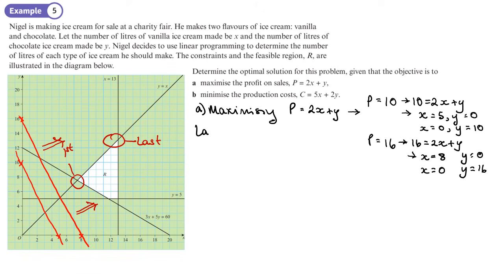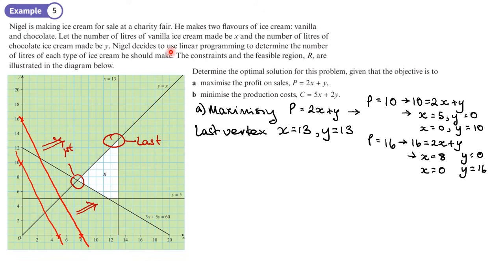I can see the coordinates quite easily. x equals 13, and because it crosses with the line y equals x, that means y equals 13 as well. So very easy to work out.